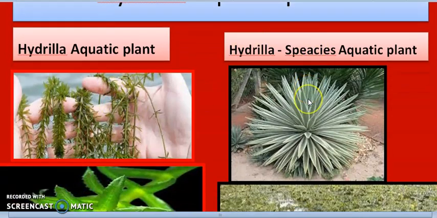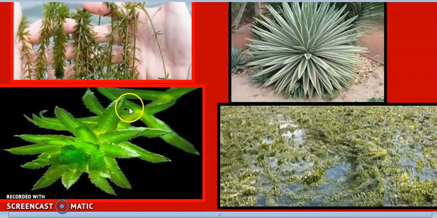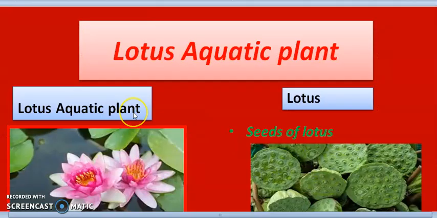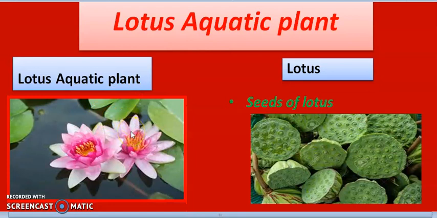Here we see the species of Hydrilla, and different species of Hydrilla. Then we see the lotus, an aquatic weed plant, which is also grown as an ornamental plant in a water tank.